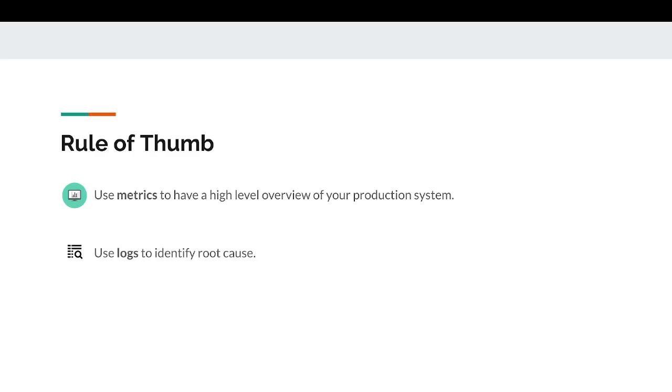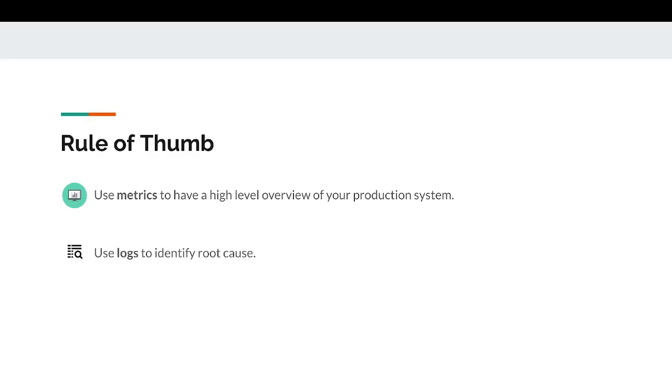So then comes the rule of thumb. Whenever there are problems in the production system, investigations are typically tricky. That's actually my experience. What I have learned over time is that I always use visuals and metrics to have a high level overview of the system state, what's going on, where is the problem.